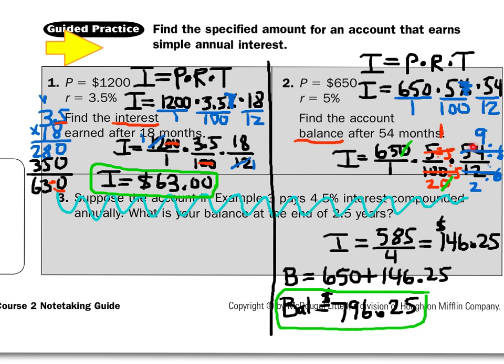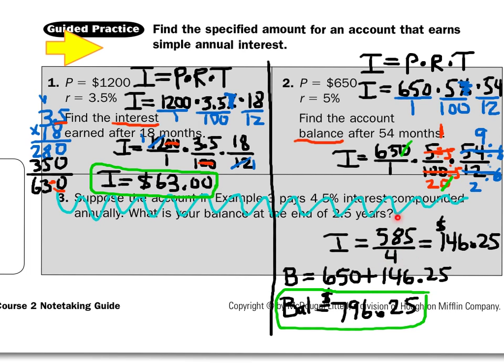And then I reduced 54 over 12. I divided both of those by 6. So 54 divided by 6 left me 9 on top, and 12 divided by 6 left me 2 on the bottom. So now I multiplied. 65 times 1 is 65, times 9 gave me 585 on the top, and then 1 times 2 is 2, times 2 is 4, gave me 4 on the bottom.